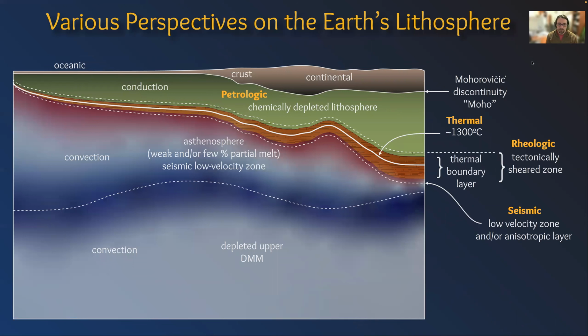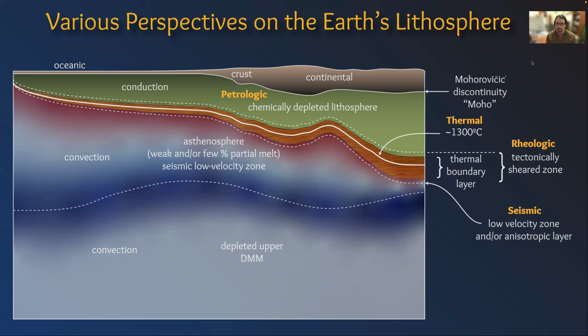Before I get too far into the talk, I'd like to talk about some of the different perspectives on the definition of the lithosphere-asthenosphere boundary. There's a petrologic lithosphere, which represents a chemical difference between the chemically depleted lithosphere and the depleted upper mantle. There's the rheologic lithosphere, which represents a boundary between the rigid outer lithosphere and the convecting mantle beneath.